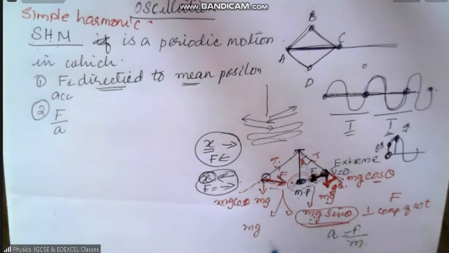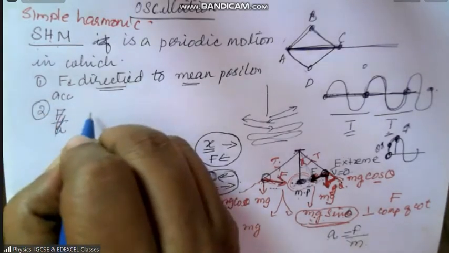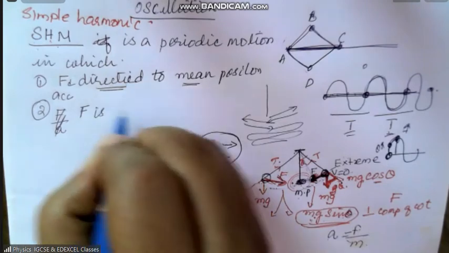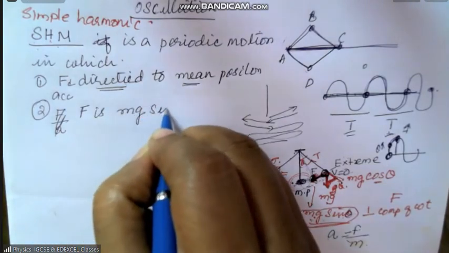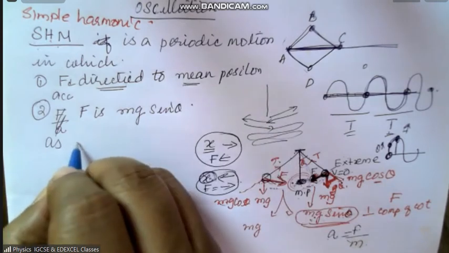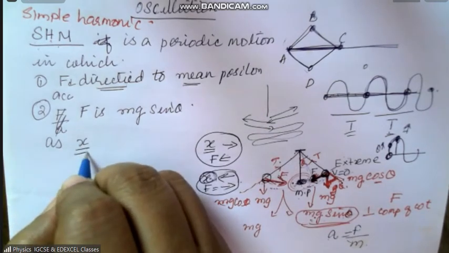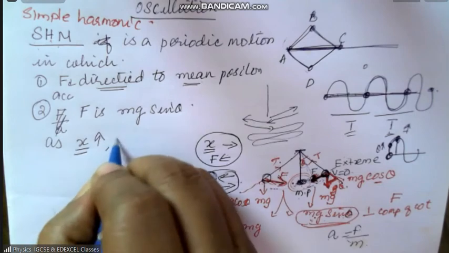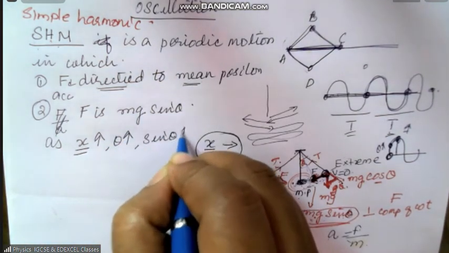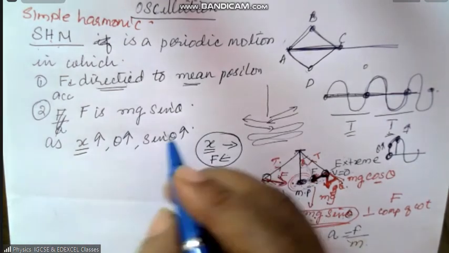The restoring force is mg sine theta. The force is mg sine theta. As the displacement x, remember x is the displacement, increases, theta increases, therefore sine theta also increases. What does that mean?